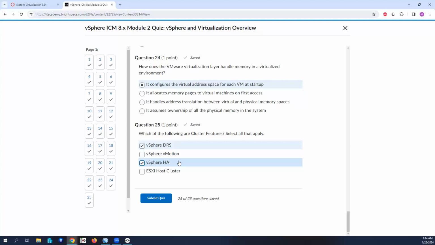If you don't have your host in a cluster, they're not monitored. If one of them dies, there's nothing saying, hey, these other systems are pals and they can run the workload of this failed system. So the feature of the cluster is to divide the workload out amongst all the ESXi hosts, and if somebody dies, to have one of the other systems take over the workload.